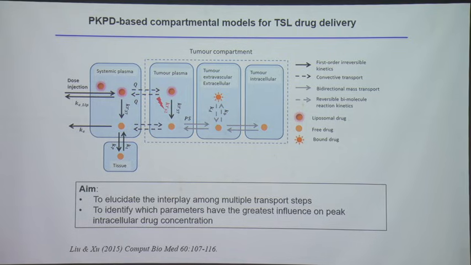The key parameter we are interested in here is the drug concentration within the tumor cells, so we call it peak intracellular drug concentration. The higher this intracellular drug concentration, the more effective the treatment could be.